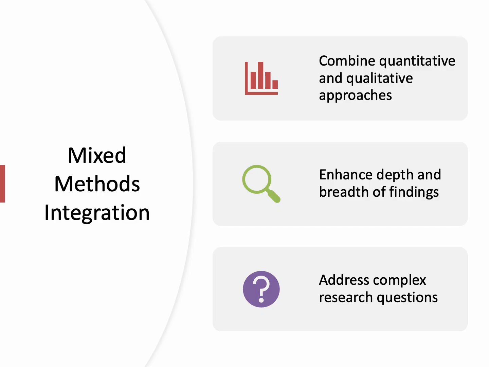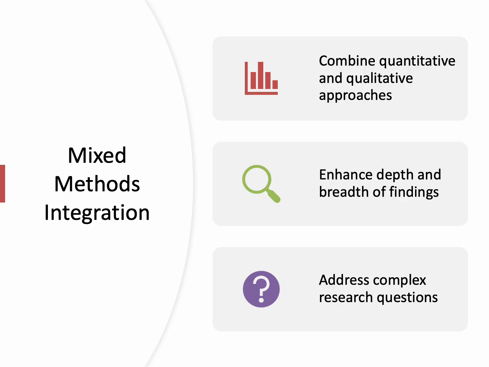For example, a healthcare study might use surveys to quantify patient satisfaction, quantitative, and interviews to explore patient experiences, qualitative, offering both measurable outcomes and contextual depth. In social sciences, regression analysis might assess education's impact on income, while focus groups reveal barriers to access, enriching the findings.